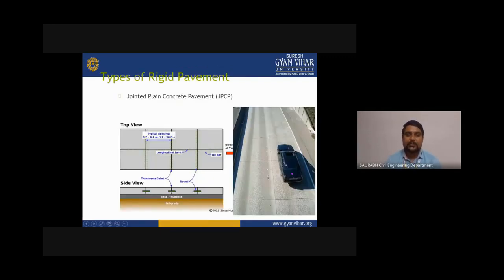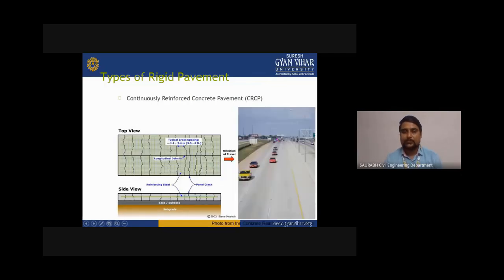Now you can see here this is your type of rigid pavement which is used for the design of a rigid pavement, and this is your top view. That is your longitudinal joint, this is your tie bar, and this is your typical spacing, and this is your side view of a rigid pavement, and this is the photograph where a vehicle is moving on the rigid pavement.